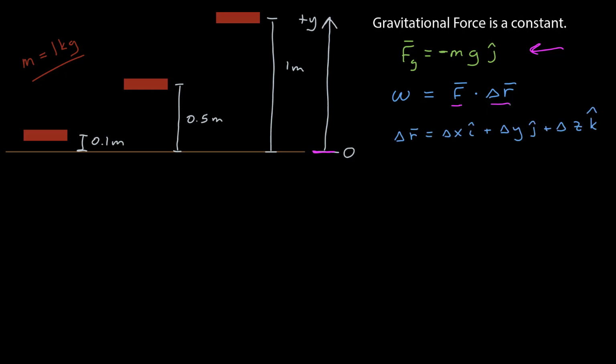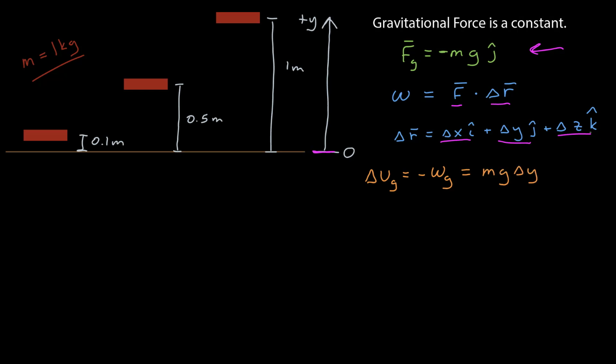An arbitrary displacement vector can be written as this: the x displacement times i hat, the y displacement times j hat, and the z displacement times k hat, where delta x, delta y, delta z are just the components. So the change in potential energy is equal to the negative work done by gravity on the object that moves.